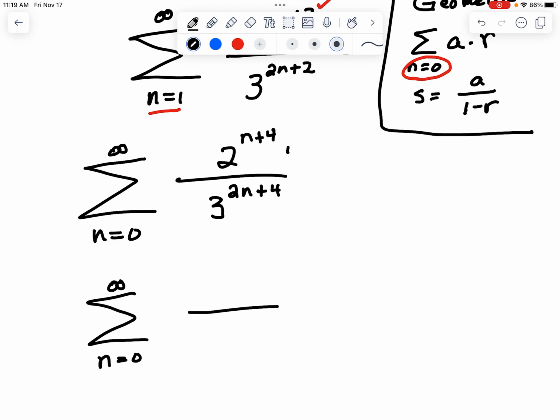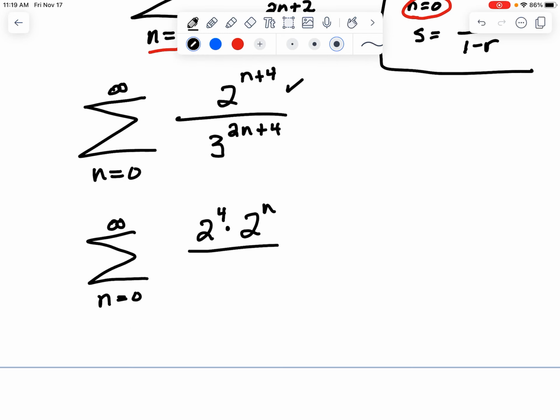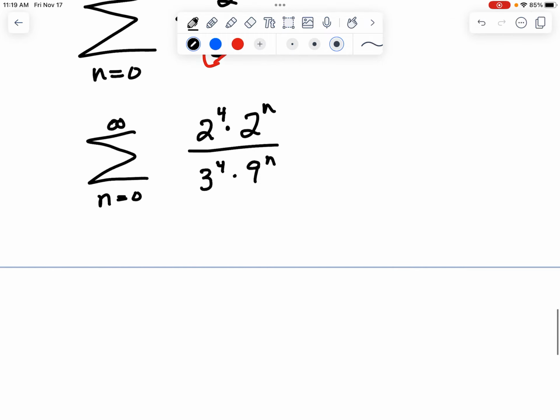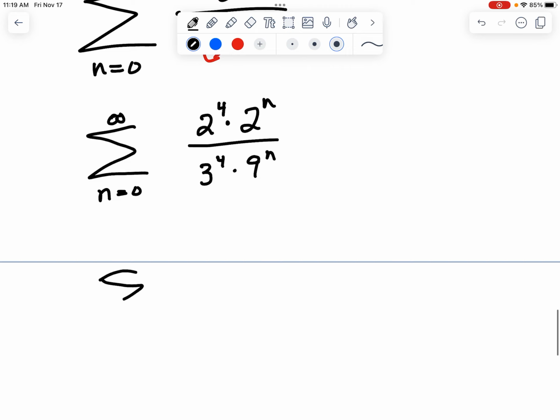So for the one on the top, you can factor this as 2 to the 4th times 2 to the n. On the bottom, you could factor it as 3 to the 4th times, and then I'm just going to take this part and call that a 9. And then 9 to the n. So that means that we've set it up in geometric form.